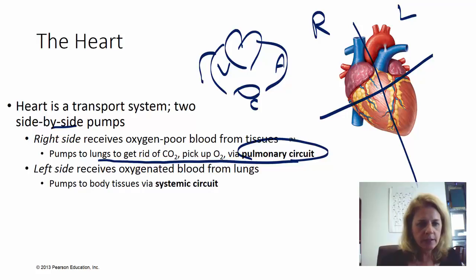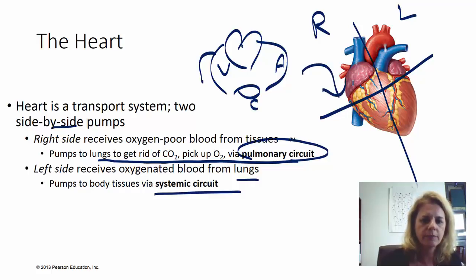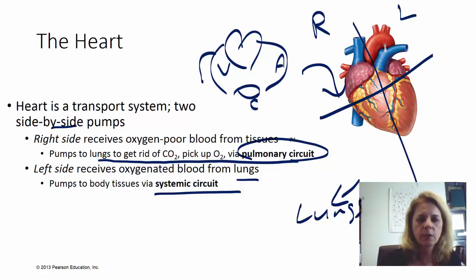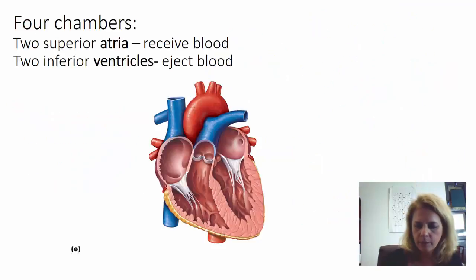The left side receives oxygenated blood from the lungs. Okay, so you've picked up your O2, and it's going to pump that blood to the body via the systemic circuit. So blood's going to come in the right side, then go out to the lungs, then return from the lungs to the left side, and then go out to the body.